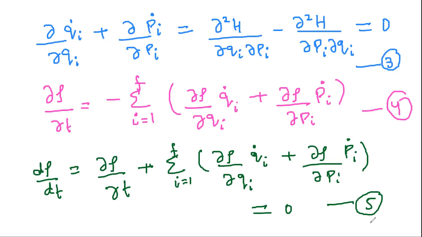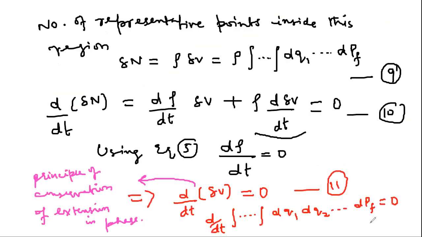So in 5, as we already said, this is the principle of conservation of density in phase space: if I move with some point in the phase space, in the neighborhood, I will not find any change in the density of points. Now we have established another form, which is the principle of conservation of extension in phase space.